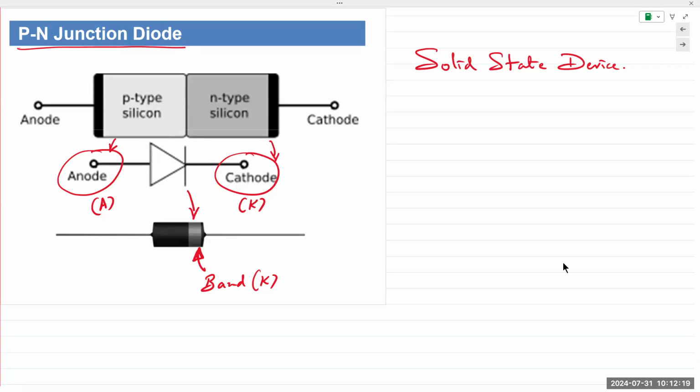The positive terminal, the p-type terminal, is still labeled as anode, noted by uppercase A, and the negative or n-type material is noted as cathode, uppercase K. And in real life, when you have a diode, there is usually a band marking the cathode. The band notes the cathode in that device.